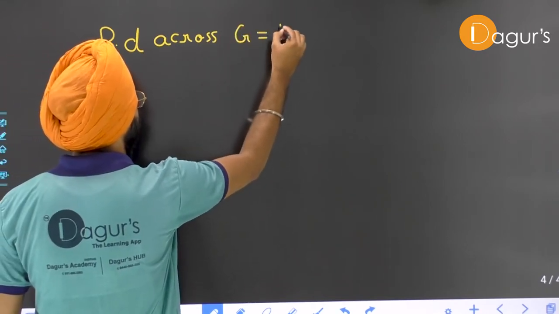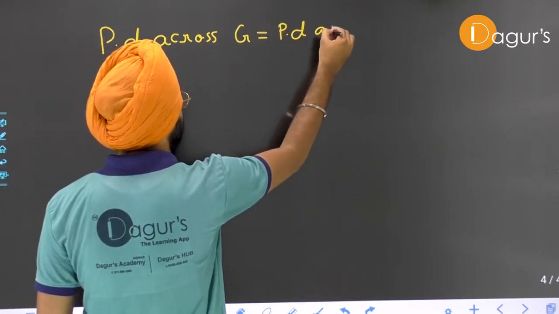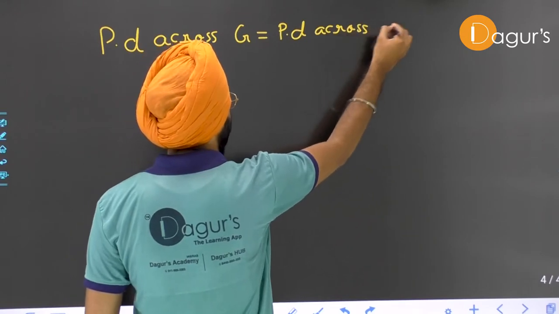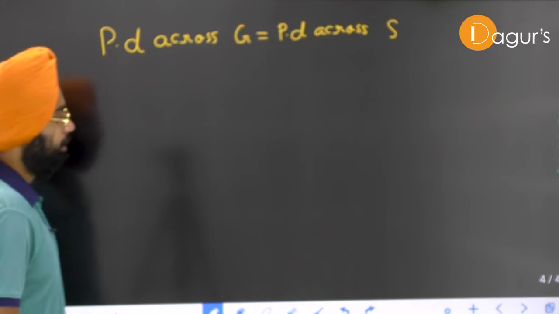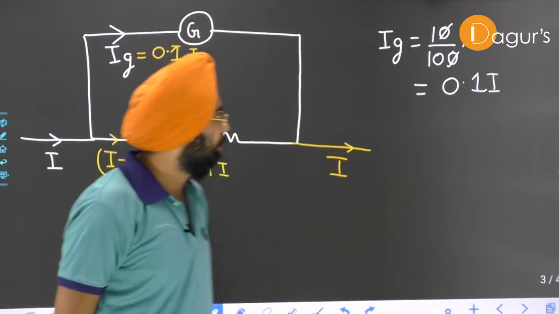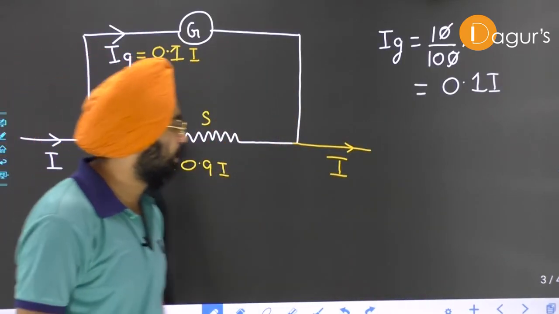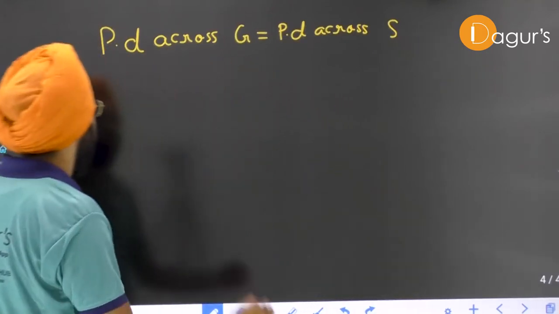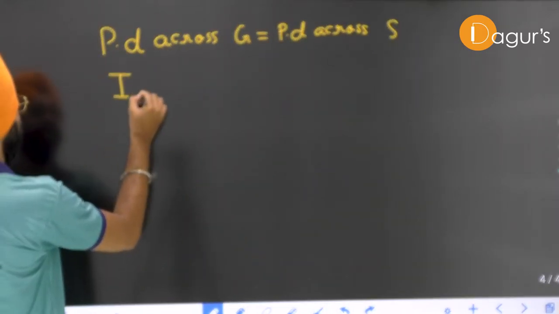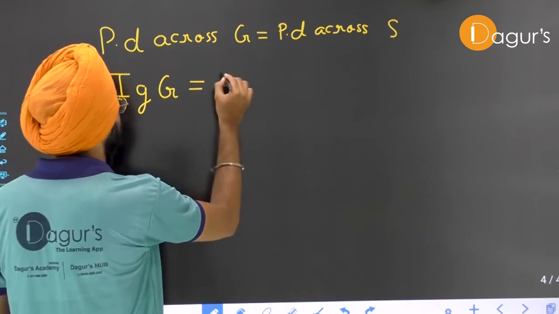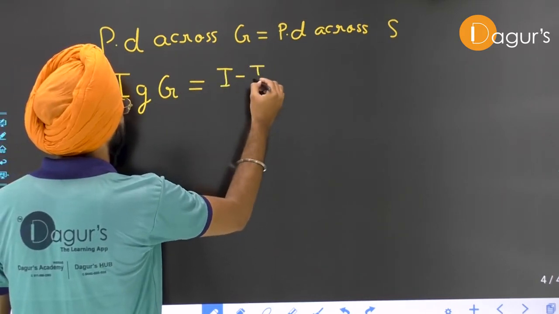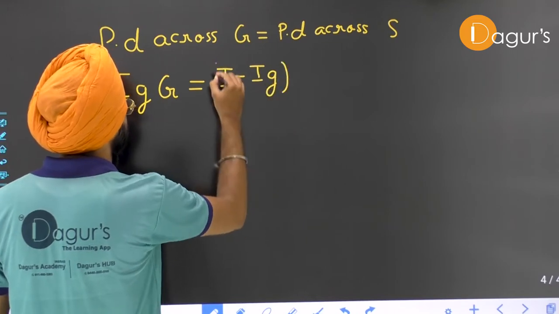V is equal to IR, here the current is Ig and the resistance is G. So the potential difference is Ig into G, and the potential difference across S is the current passing, I minus Ig, into S.